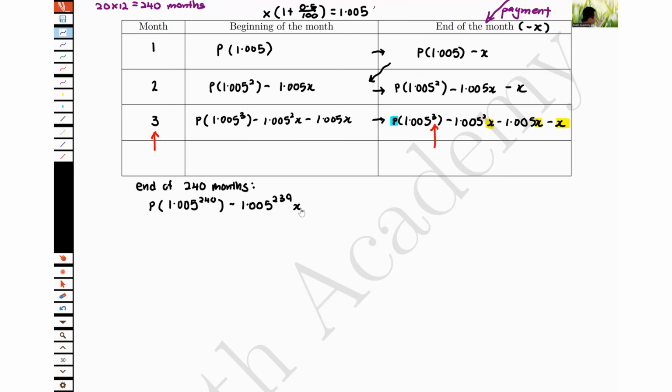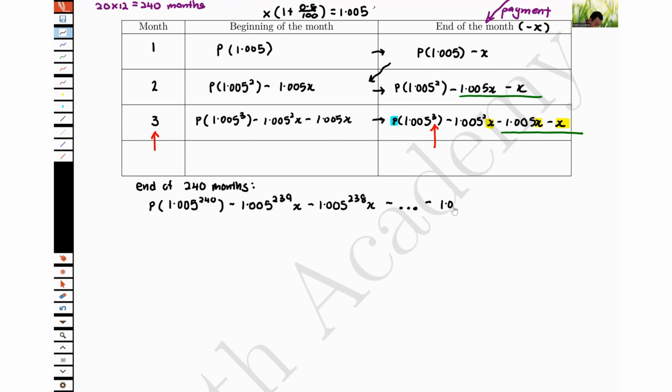So I get a 239. Next term, I get a 238. Use dots to represent that there are many other terms. Remember, the last terms at the back are always the same in all the rows. So you just copy back those last two terms.